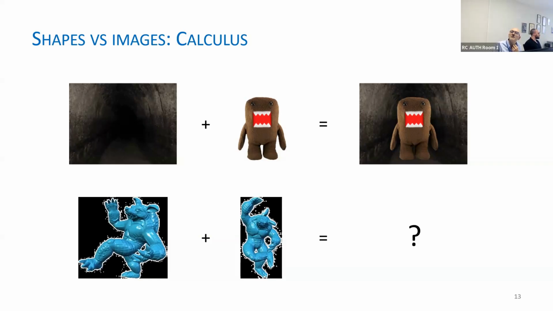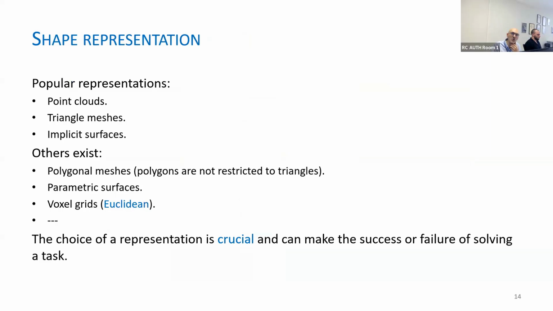But in the 3D case, this is more complicated to define, because if you have two shapes, you see the same object but in different poses, you want to sum them together and what is the result? So the idea is that these two domains have some similarities, but there is also the impression that the geometric domain, of course, is more difficult to manage.